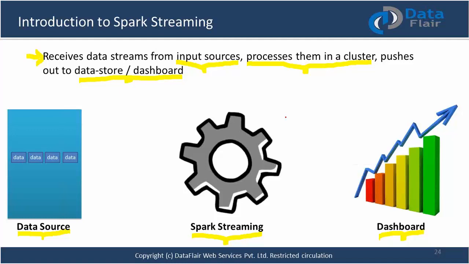How do old systems handle this, including your MapReduce as well? You will collect the data, keep collecting the data. At the end of the day, you will get the data in your repository, and you will run batch processing at the end of the day. Usually you do your batch processing in the night.